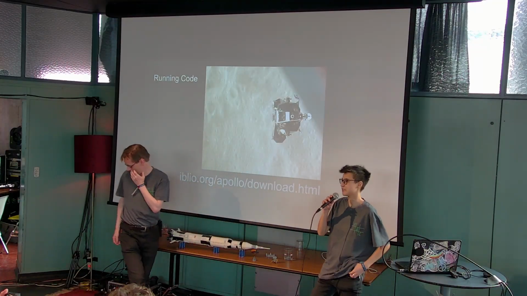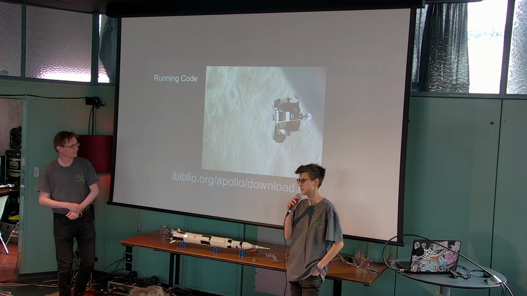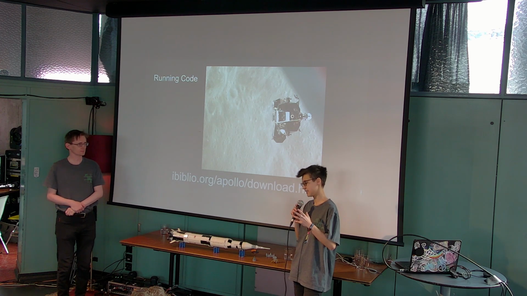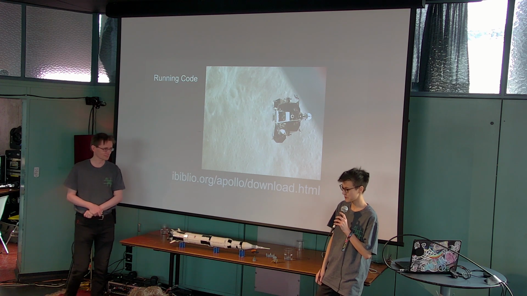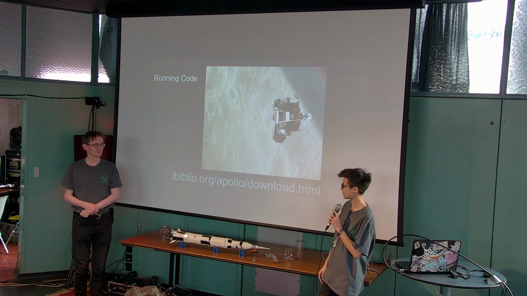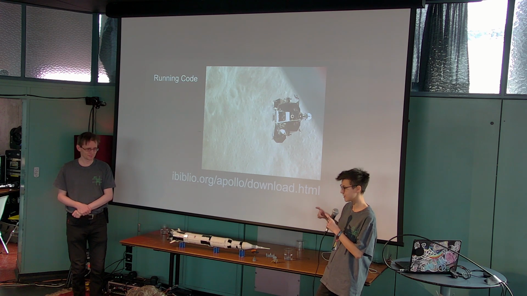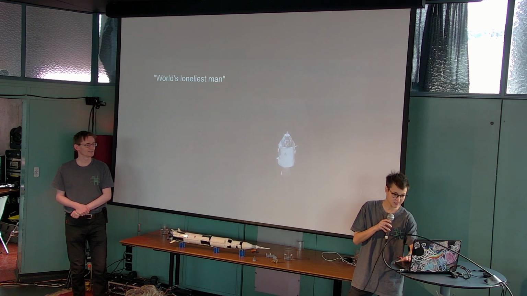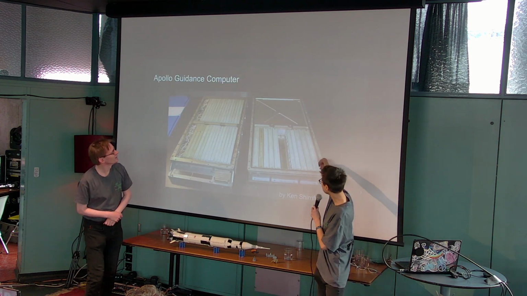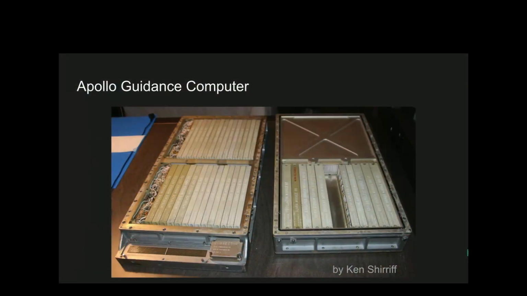I'm also not sure if you would want to reassemble an AGC because its memory was hand woven. One of these plates took 3 months to weave, every single line of code, basically.